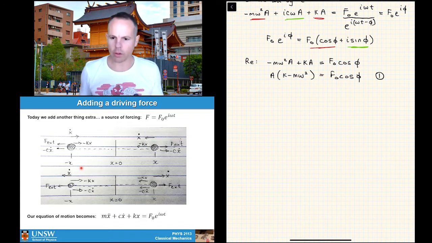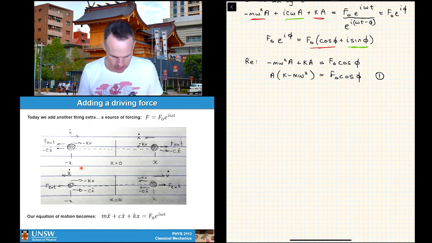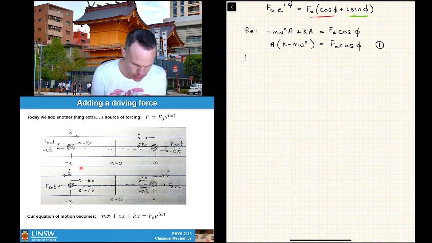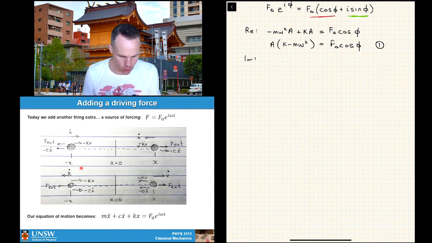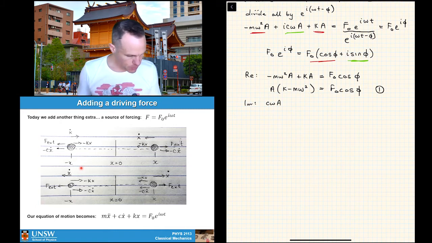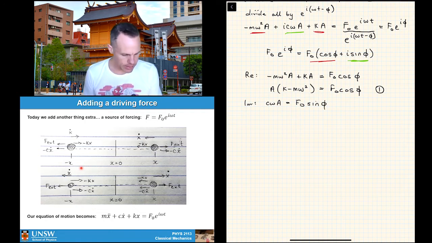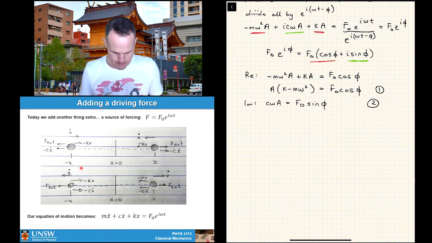And let's call this equation 1 because we're obviously going to use it down below to clean up the maths, okay? And then we've got our imaginary component, and of course it's a bit simpler. We've got our c ω A on the left, and then we've got F₀ sin φ on the right, and this we can call equation 2 because we're going to use it as well, okay?